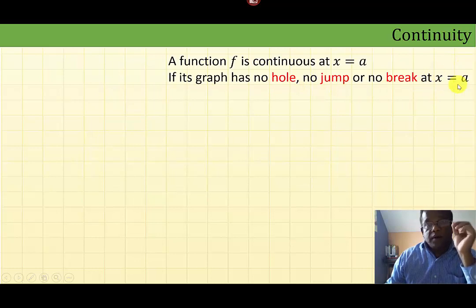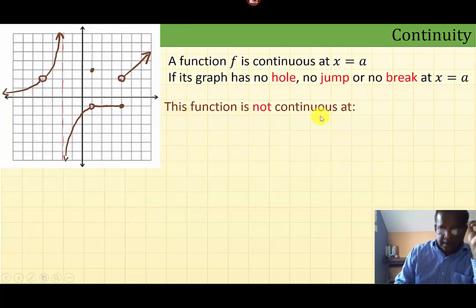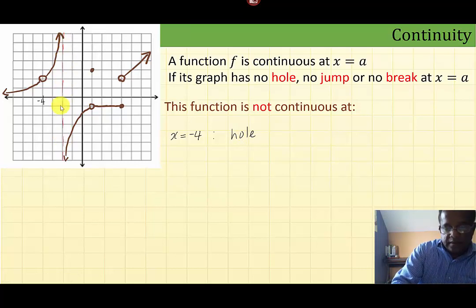break at that point. Now, if you look at this function, here's a function given by a graph. You can see this function is not continuous at -4, because it has a hole. And it is not continuous at x equal to -2.